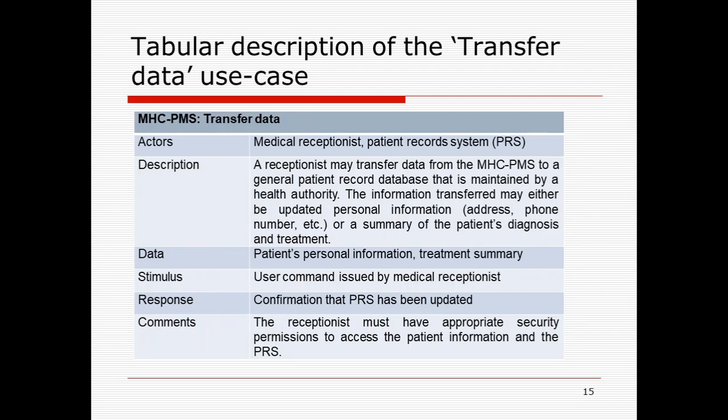Okay, patient diagnosis and the treatment, summary information of the different diagnosis done to the patient or the treatment that the patient has received, that can also be transferred to the more general patient record management system. So what data is going? That is patient's personal information and treatment summary.